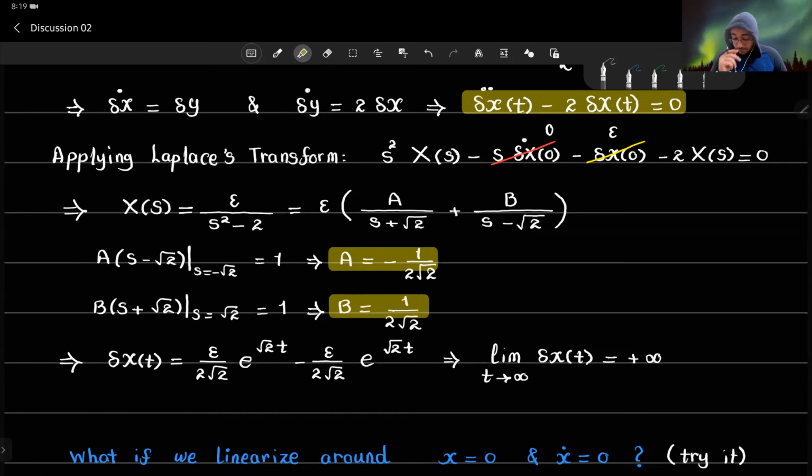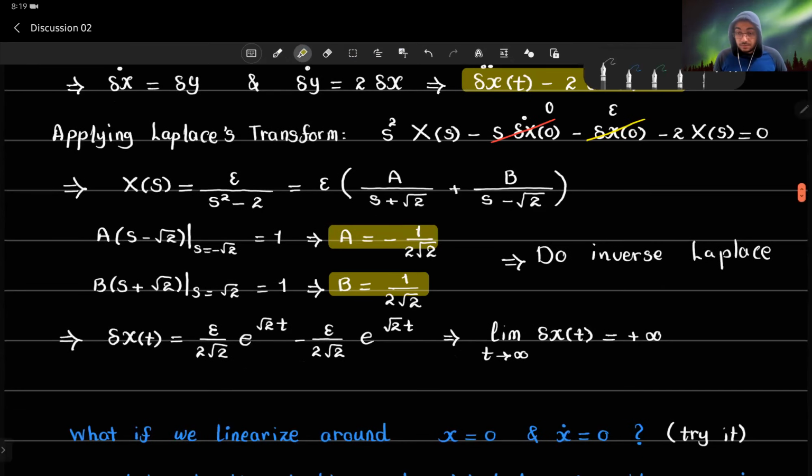So now that we have a and b, we can do the inverse Laplace transform, in order to obtain an expression for the function delta x, the function of time, which is this here.